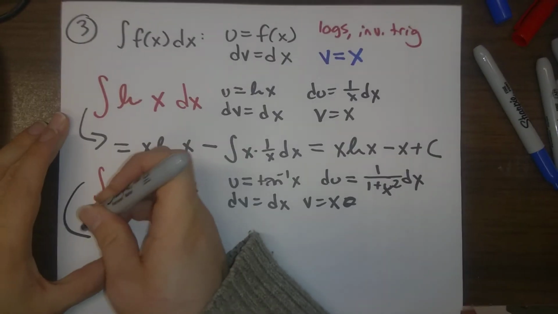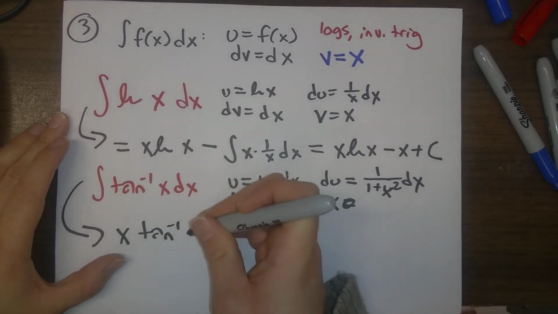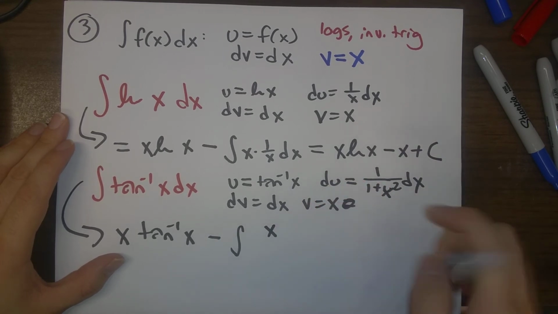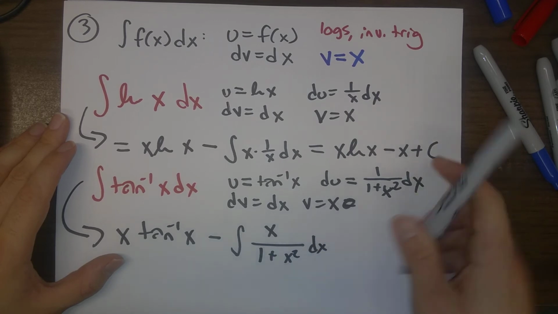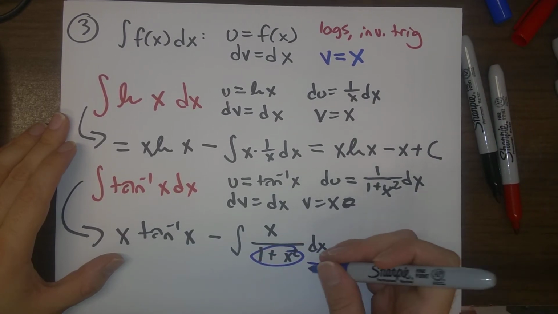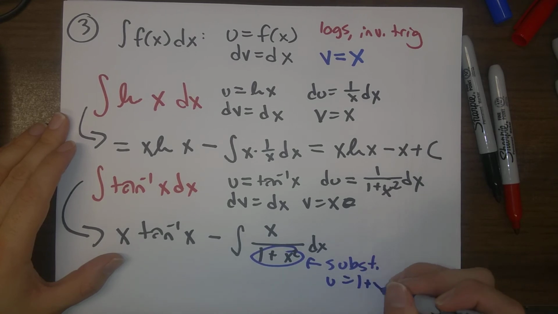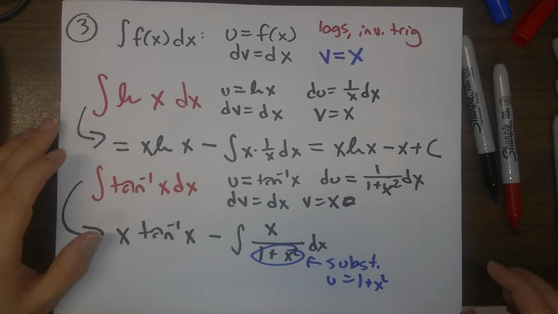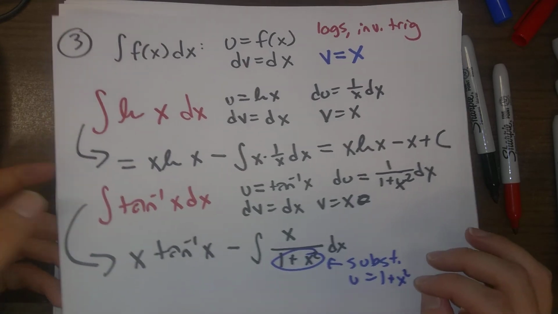And so this is uv, x times arctangent, minus the integral of v, x, times du. And that's very easy to do by substitution. u is equal to 1 plus x squared, du is 2x dx, and so that's how you attack this problem. Okay, so that's a third trick to think about in integration by parts.